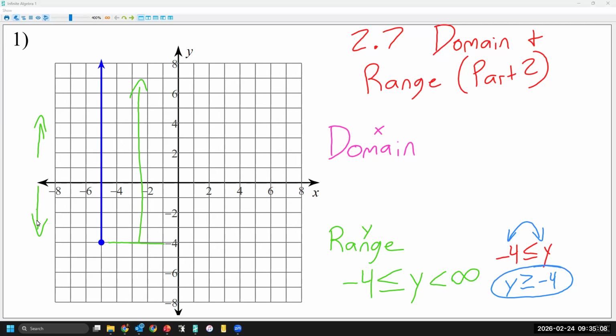All right, so there's our range. What about the domain? Because domain says how far does it go to the left and how far does it go to the right? Well, let's think about left and right. It doesn't go left and it doesn't go right at all. It just goes straight up and down. It stays.